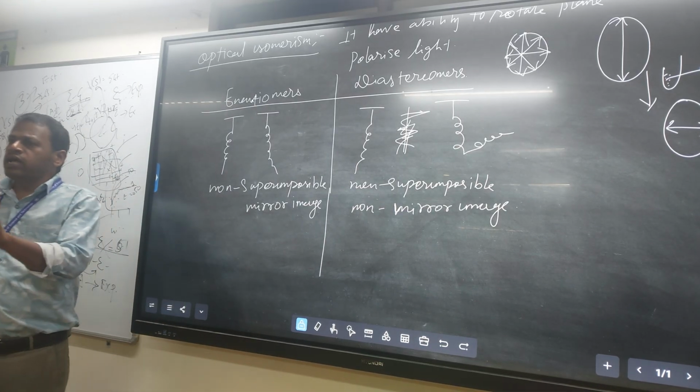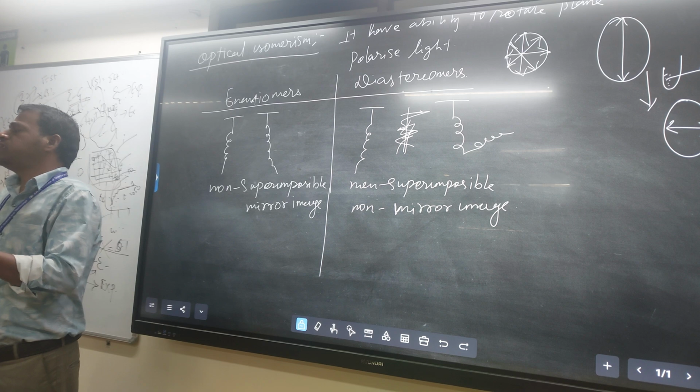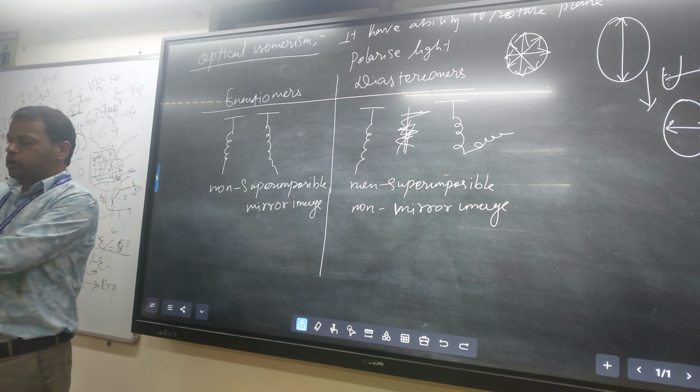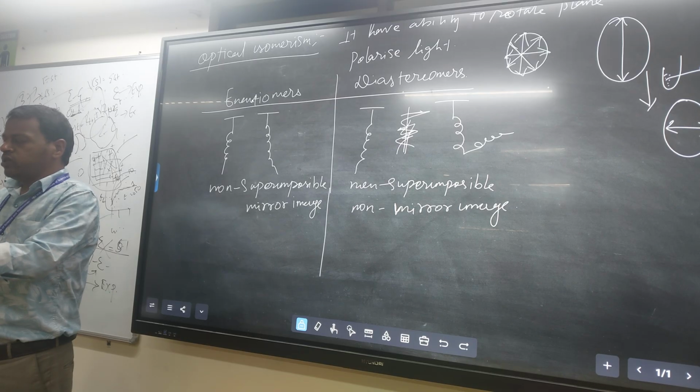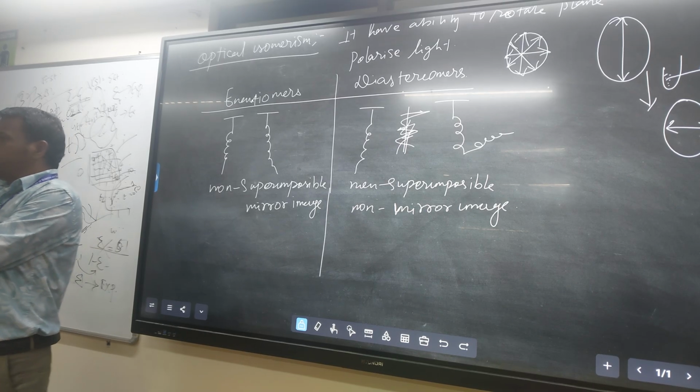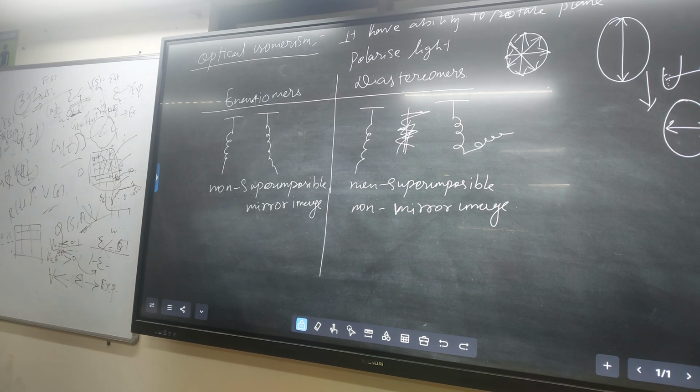For example, our right hand and left hand are enantiomers. They are non-superimposable, but the right hand is a mirror image of your left hand.